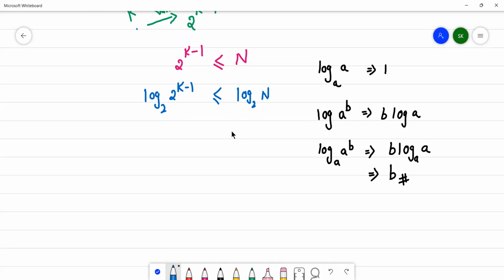Everyone, are you clear or not? Here I will take k minus 1. Abhijit, there are just these simple formulas for logs, nothing else. If you're not able to understand, I will try to share some documents for logs. No worries.